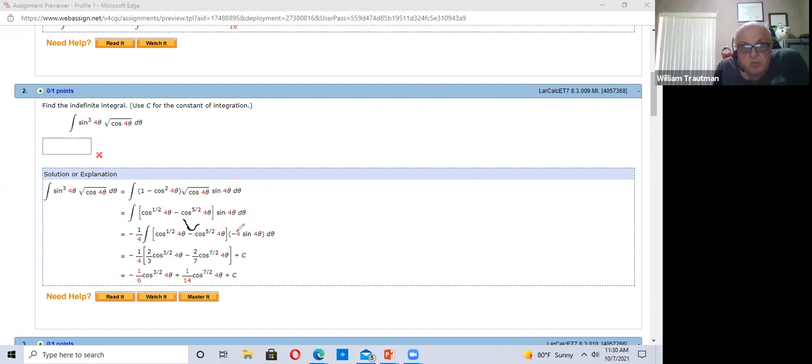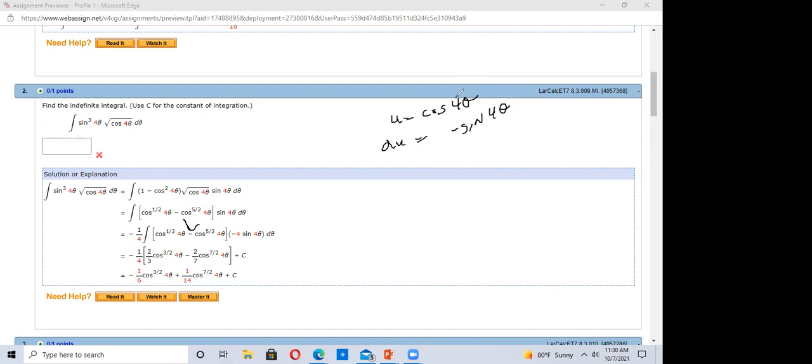If u equals cosine 4 theta, then the derivative of u is negative sine 4 theta with a 4 because of this 4.